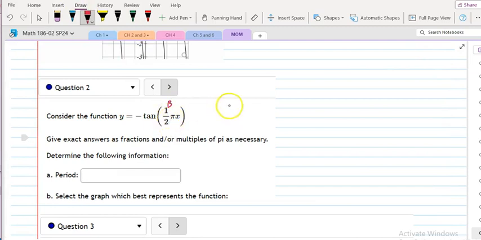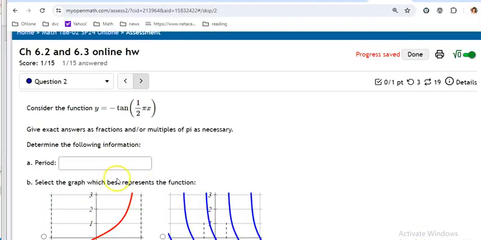B is half pi. The period for a tangent function is pi divided by the b value, half pi. So pi and pi cancel. 1 over 1/2 is 2. So the period is 2, and we want to select the graph.